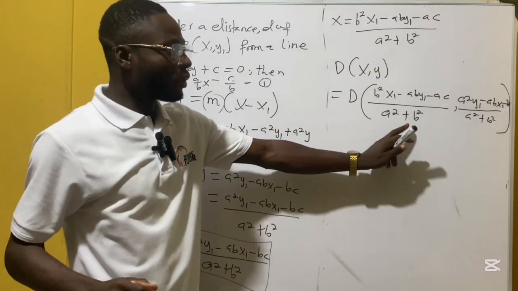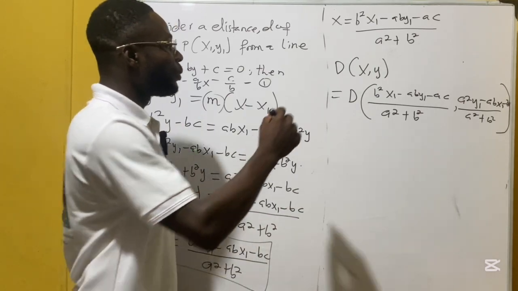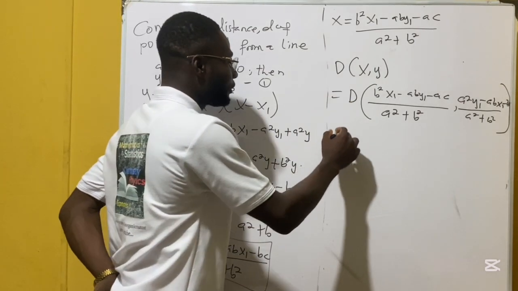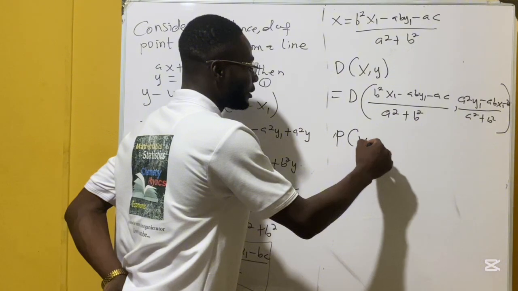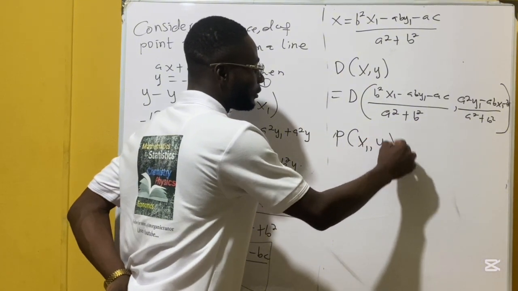So this is the coordinate for D. And then we know that P is x1, y1, right?